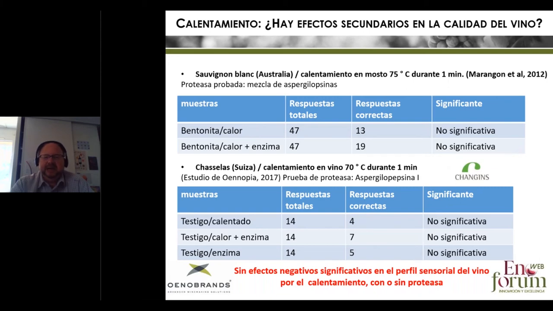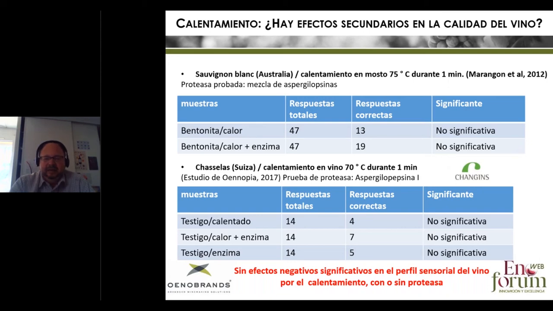We did a similar treatment and application on Chasselas in Switzerland with heat treatment at 70 degrees for 1 minute. And you can see that in this case, there is no significant difference between the control without any heat treatment and any enzyme, and, in the second line of the table, the heated and enzymatically treated sample.